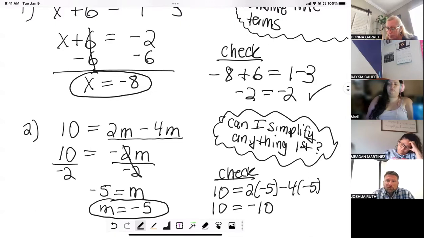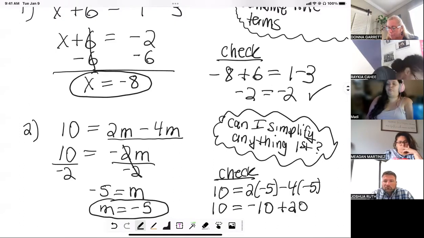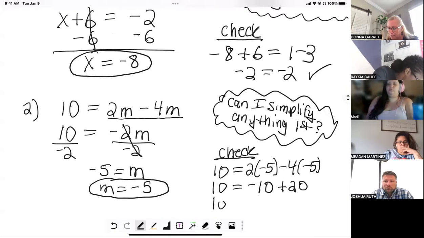Be careful with this. This is negative 4 times negative 5. A negative times a negative is a positive 20. And if I simplify this side, negative 10 plus 20, hey, it's 10. I know I got it right. m had to be negative 5.